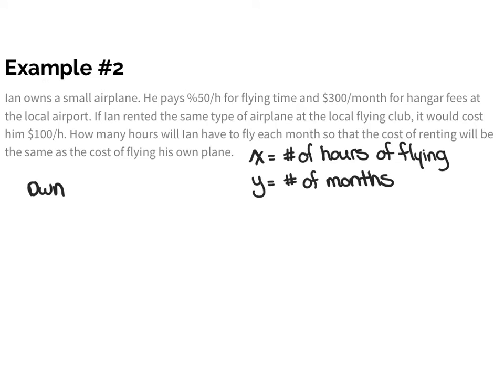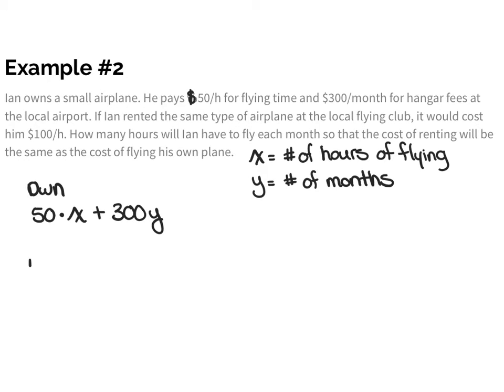It says that he pays $50 per hour for flying time and $300 per month. So $50 times his flying hours, so 50x, plus $300 for each month that he goes.